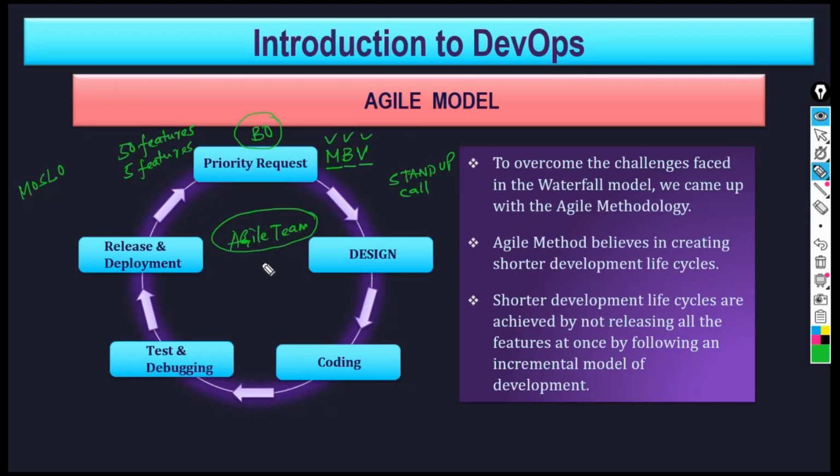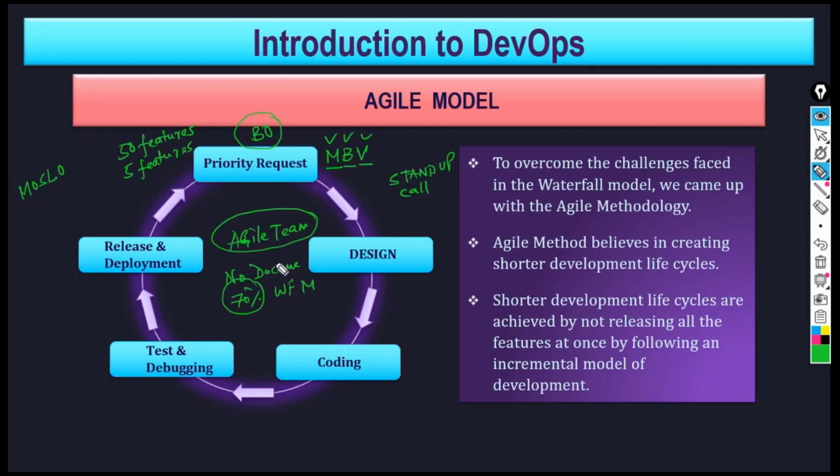manager. There is almost nil documentation, because you spend almost 70% of your time in documentation in a waterfall model. I mean, not waste. When you are developing 50 features in one go, then documentation is very important.